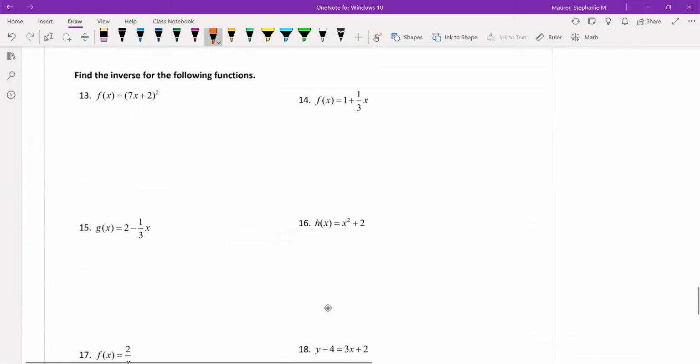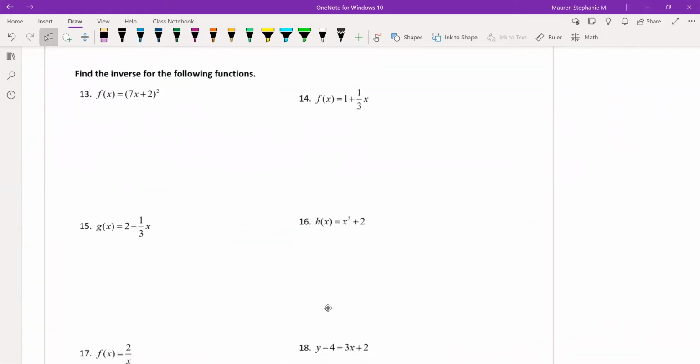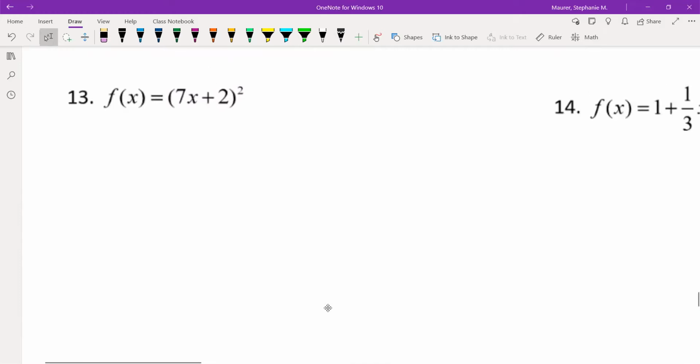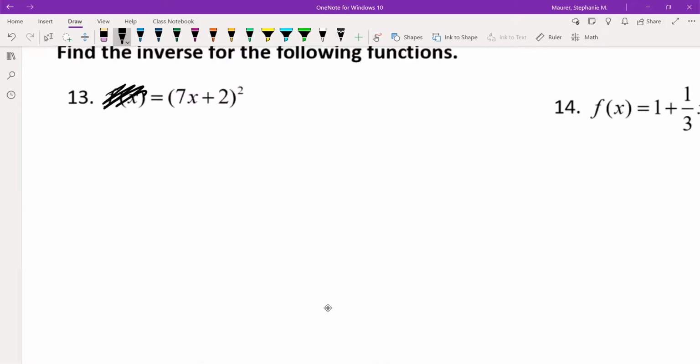On the last page, we go into inverses, in which case I'll try to keep this short and sweet here. With inverses, long and short, keep it nice and simple. As a reminder, f of x, g of x, all those different things, that's just a fancy way of writing y. For an inverse, you actually end up switching the x and the y and solving for y.